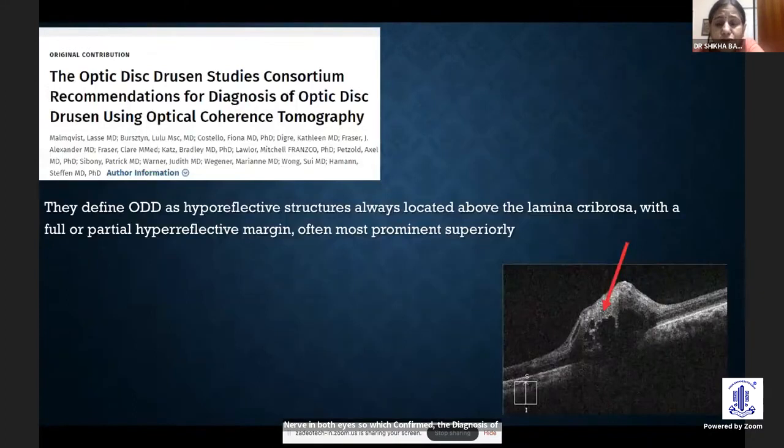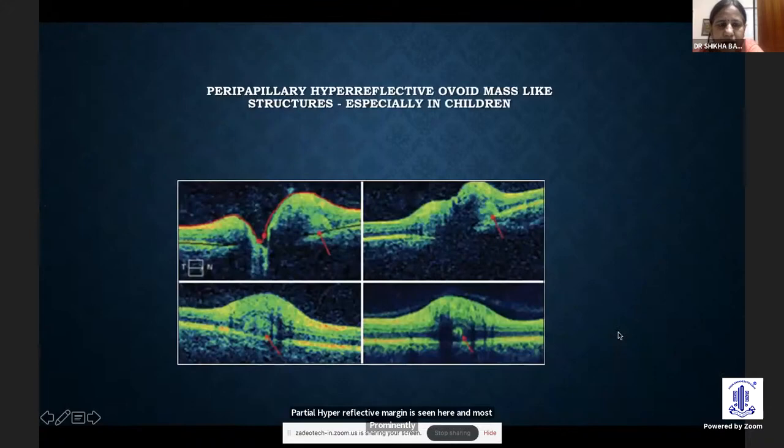The optic nerve head drusen on OCT has been studied in detail by the Optic Disc Drusen Study Consortium, which has defined these structures as hyporeflective structures always located above the lamina cribrosa with a full or partial hyperreflective margin, most prominently superiorly. Not in every patient with pseudopapilledema are we able to see the drusen.